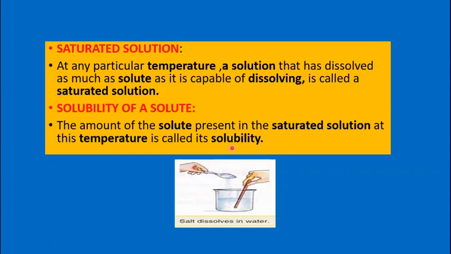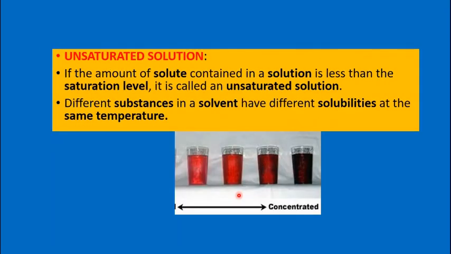So at that temperature, how much salt can be dissolved is known as the solubility of that particular salt. Now, what do you mean by an unsaturated solution? If the amount of solute contained in a solution is less than the saturation level, it is called an unsaturated solution.